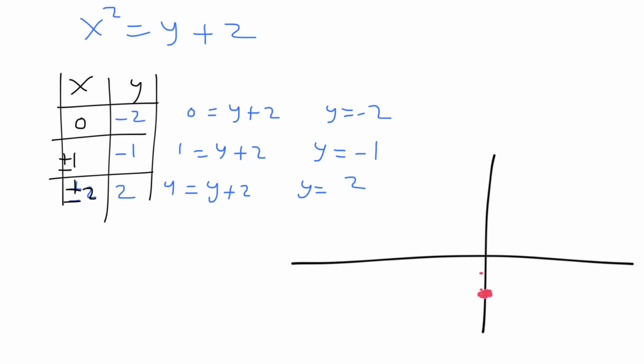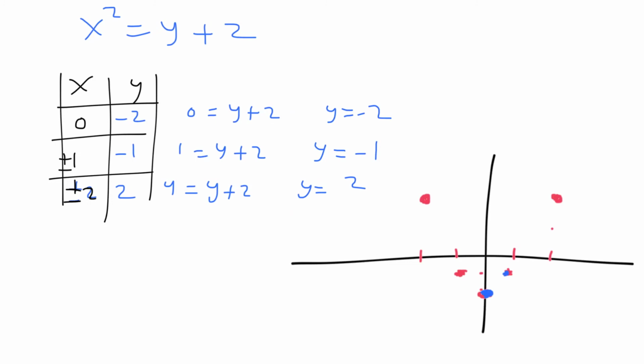And then I have 1 and minus 1, which will be almost here: 1 positive and minus 1 down. And then minus 1 negative, but also minus 1 down. So I have this point and this point. Now I have these 3 points. When you have 2 or minus 2, y will be equal to 2. 1, 2. 2 steps here, that one here or that one here. So I have 4 points.